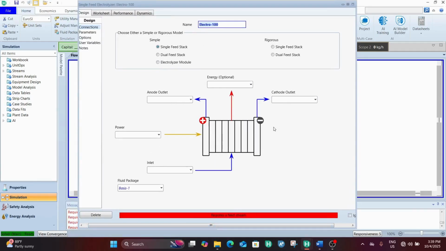And we have two sides for the electrolyzer. Starting with that, we have the anode outlet and the cathode outlet. And from our elementary chemistry, we also know what that means. If we don't, the anode is the positive side electrode, and the cathode is the negative side electrode.